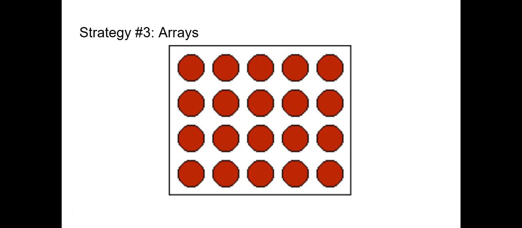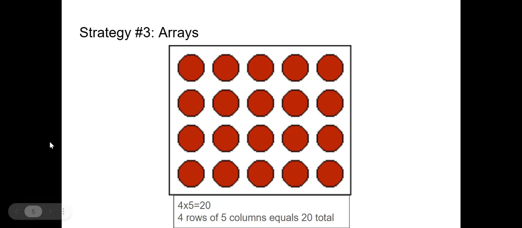And then we have our last strategy, which is arrays. And this is an array, and this is showing 4 rows of 5 columns, and that equals 20 total. So what's important about arrays is that you need to remember that each row is going side to side.